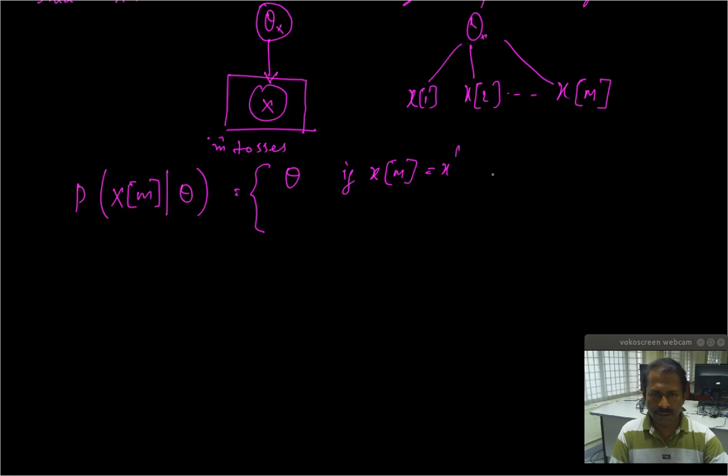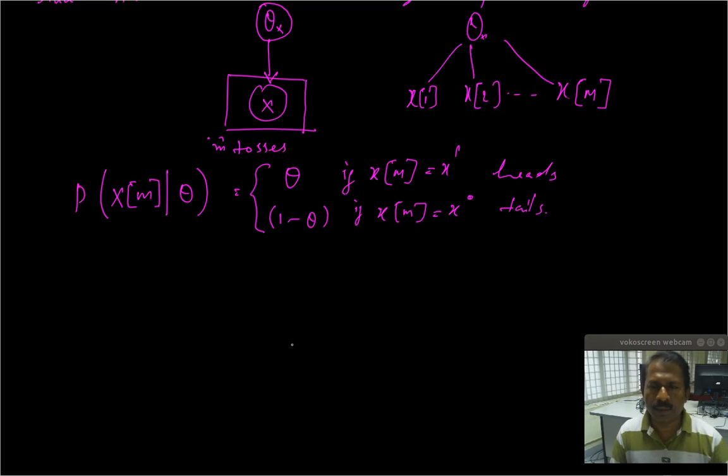So this is heads, right? And 1 minus theta if x of m is x0. This is tails, right? And the prior, so we have to incorporate the prior.